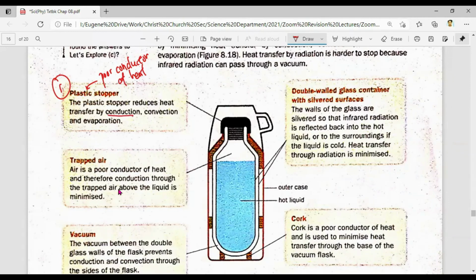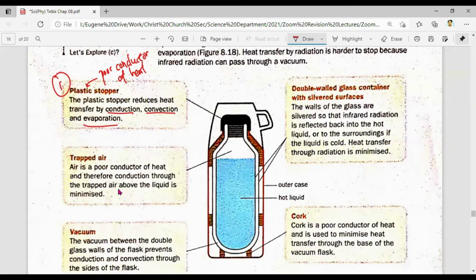And because the air inside cannot flow out, that's why it also reduces heat via convection. And last one, because the air cannot escape, there's also no evaporation. So key idea, plastic stopper: not only because it's a poor conductor of heat due to this material, but because of the way the thing is designed, it actually reduces heat via quite a fair number of methods.